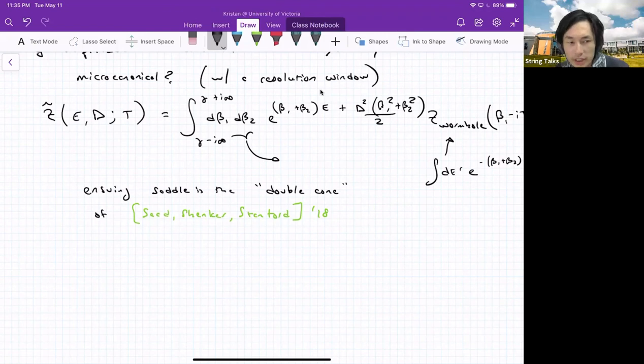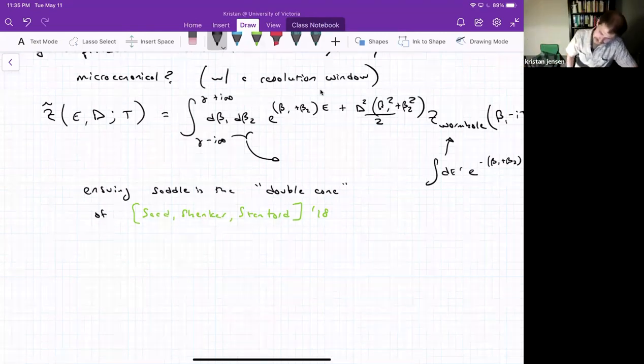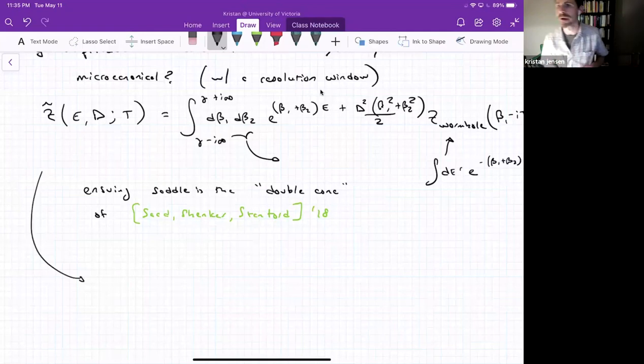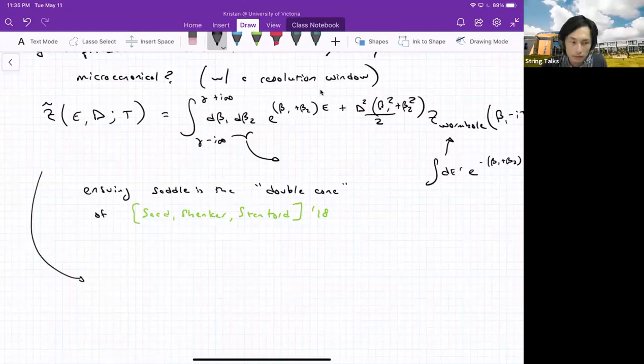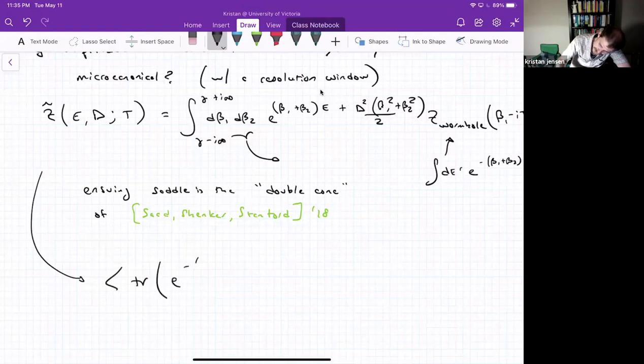Sorry, but what is this parameter delta? How do you interpret it? Yeah, so the delta parameter, you're right. Maybe it's easiest to say what this thing corresponds to. Like if you associated it with an ensemble average, what it would correspond to is a trace e to the minus h minus e squared over 2 delta squared.